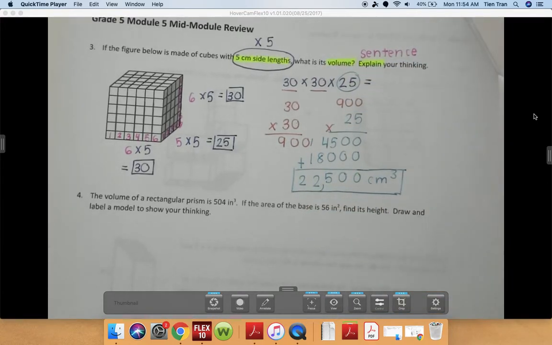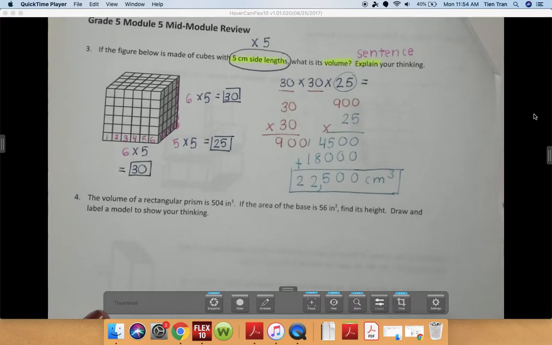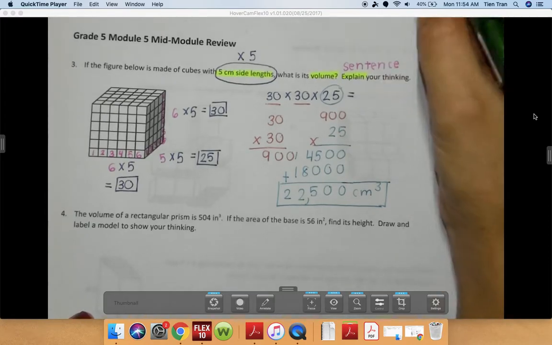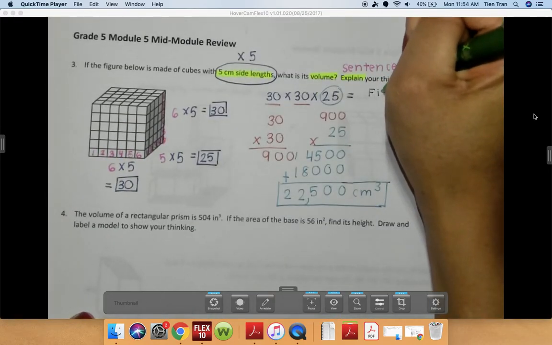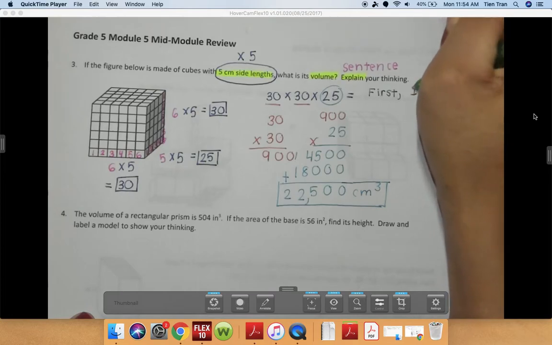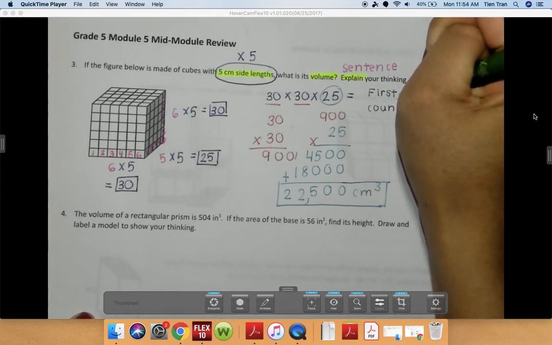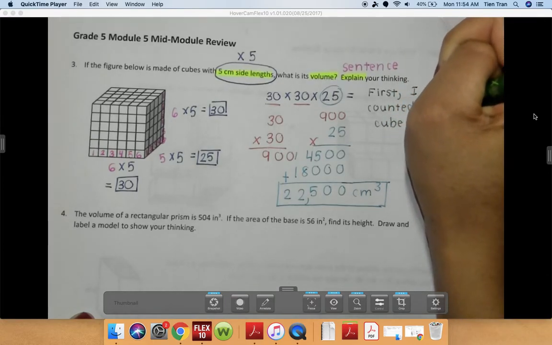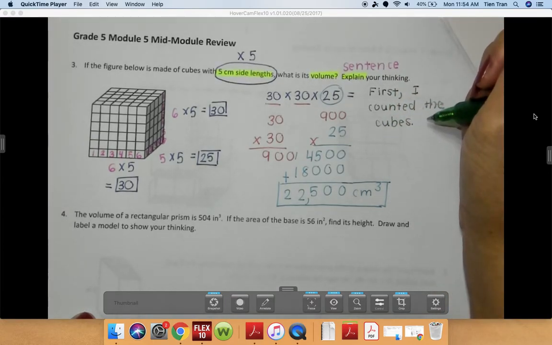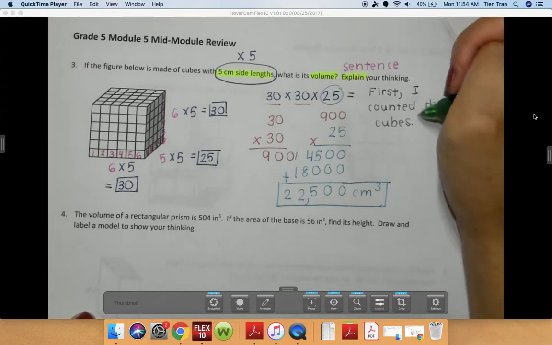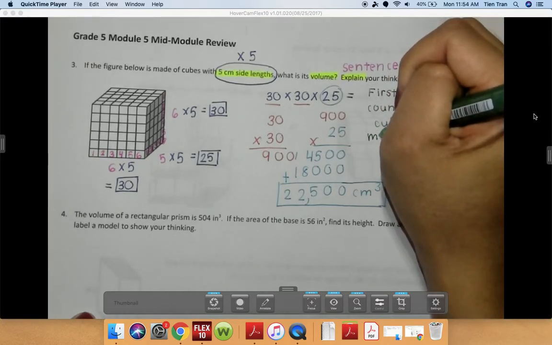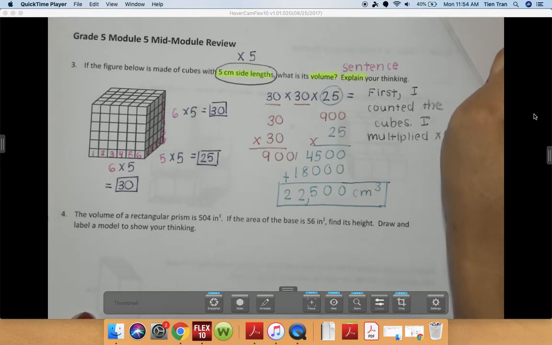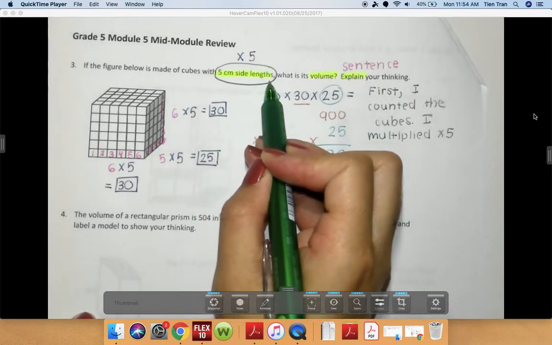Now, I need to write my explanation. So I'm going to write it right here for you guys. First, I counted the cubes. Okay, and then I multiplied times 5 because there are 5 centimeter side lengths.